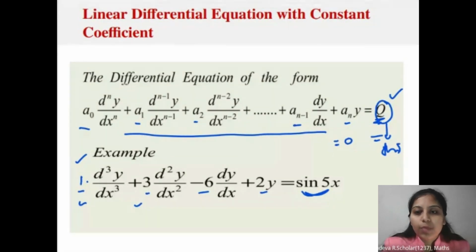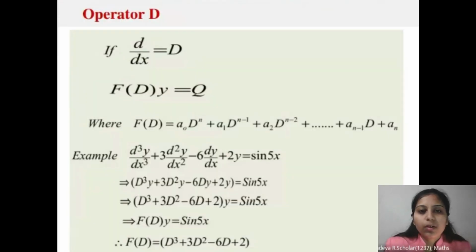In this type of equation, we use an operator D. So what is D? D is equivalent to d upon dx, a differential operator. We replace this in our equation, so this becomes D cube y plus 3 D square y minus 6 Dy plus 2y is equal to sine 5x.